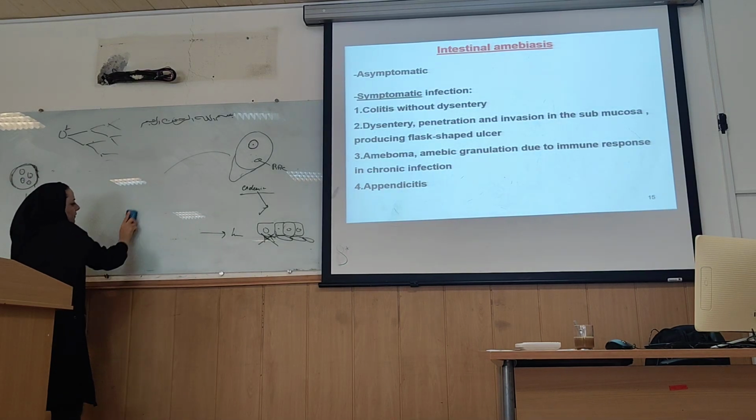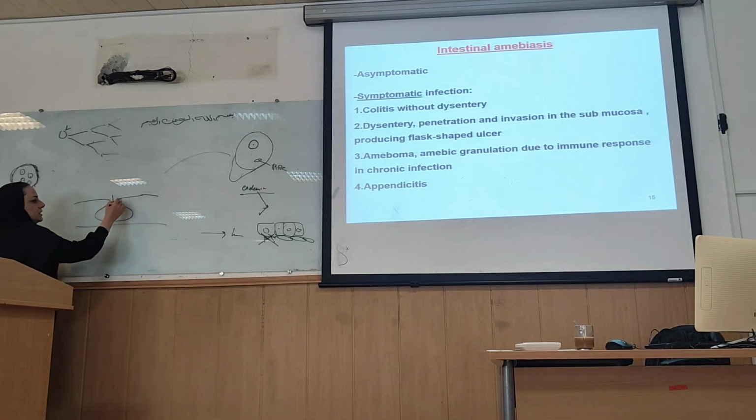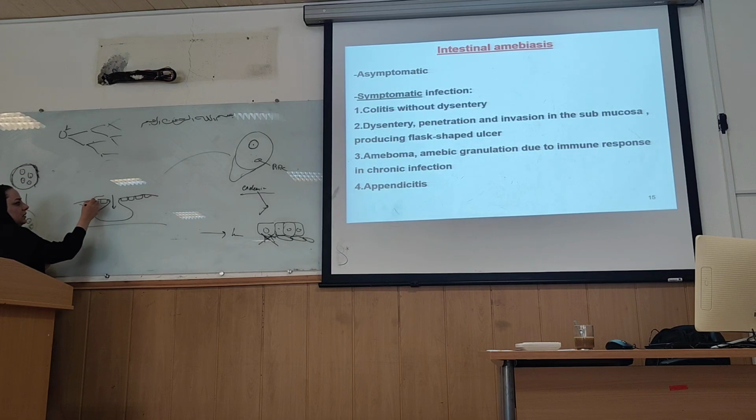The ulcer is flask shape. They attach to the intestine and invade and produce the flask-shaped ulcer in the large intestine. This is the epithelial cell of the large intestine.